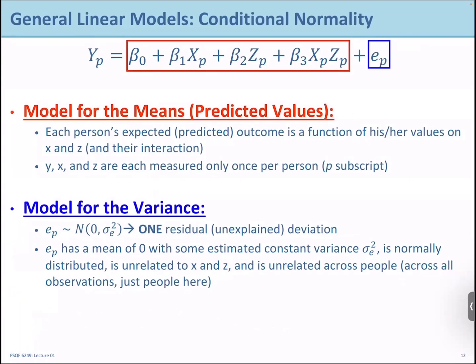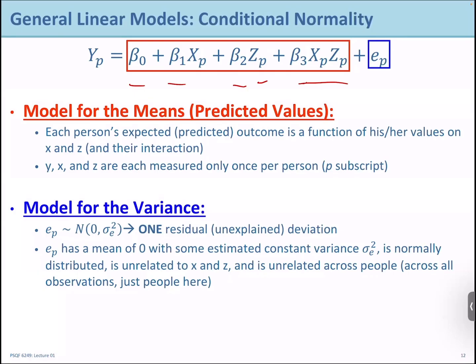All right, so why we call this conditionally normal, you can tell I was heavily inspired by Lisa. These are actually my slides, but I was inspired by her on this one. The model itself, if we have an outcome here, Y, being predicted by a series of regression coefficients: beta 0 is an intercept, a slope multiplying X, a slope multiplying Z, and the two-way interaction between X and Z. All those terms that are not error give you your predicted value.